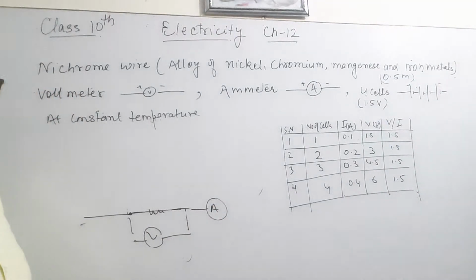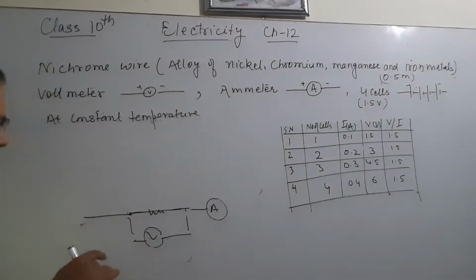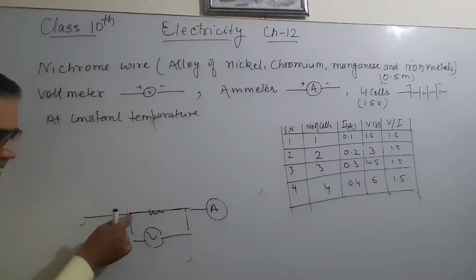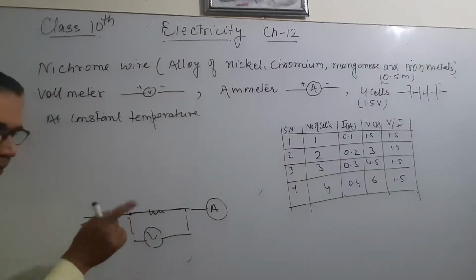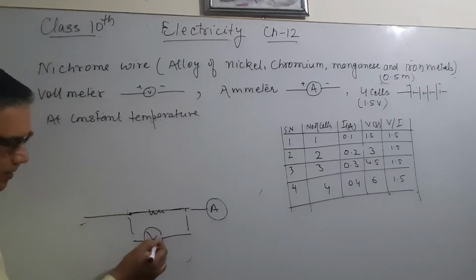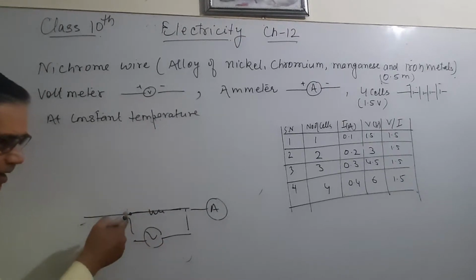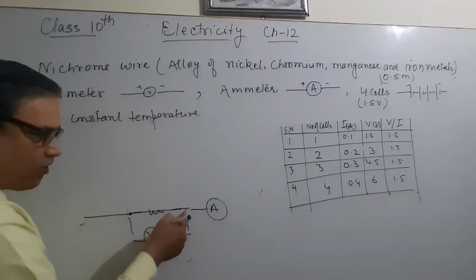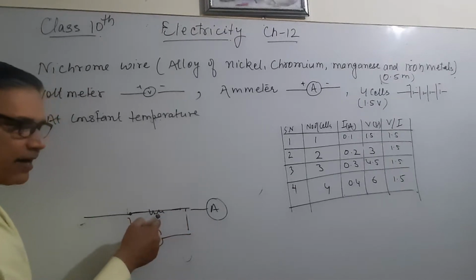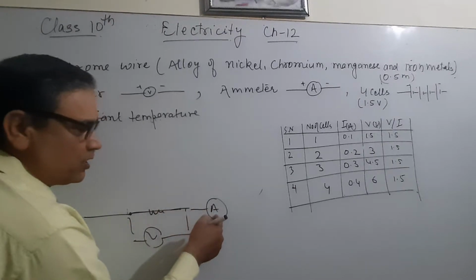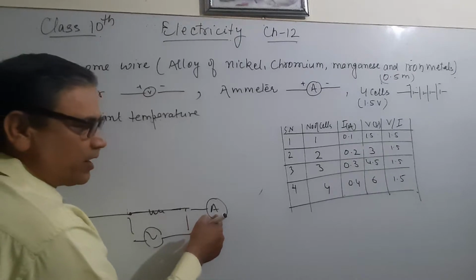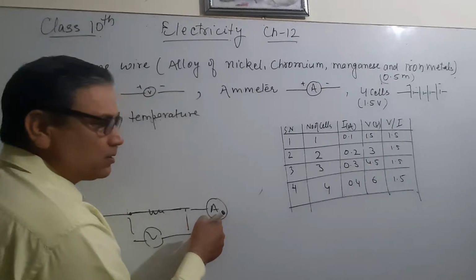We can state it in two ways. First, at constant temperature, the potential difference across the ends of a given metallic wire is directly proportional to the amount of current flowing through it.